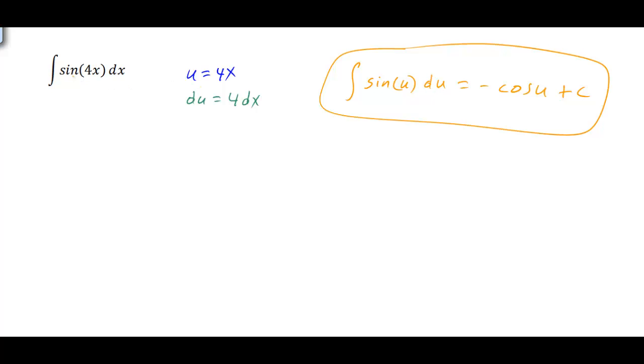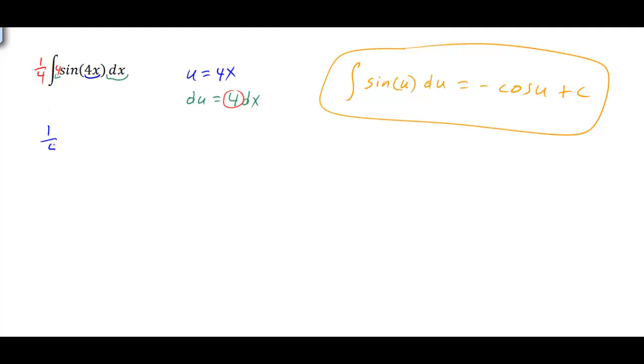Well, that's why we let u equal the inside, the 4x, and then we took the derivative of u, so the derivative of 4x became 4 dx, and once again we have the dx, but we're missing the 4, so we need to multiply in here by 4 so that we have this 4 dx as our du, but that means we'd have to multiply by 1/4 out front.